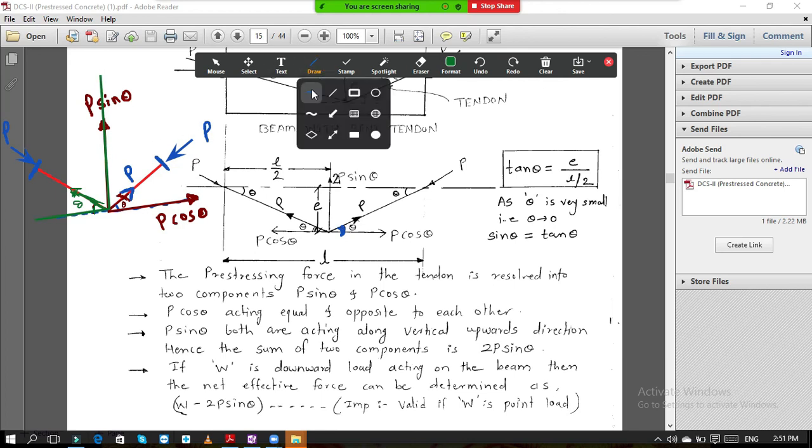So this will be again P cos theta, horizontal component, and this will become P sin theta.